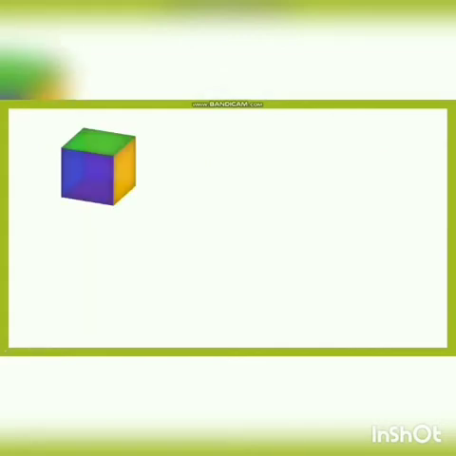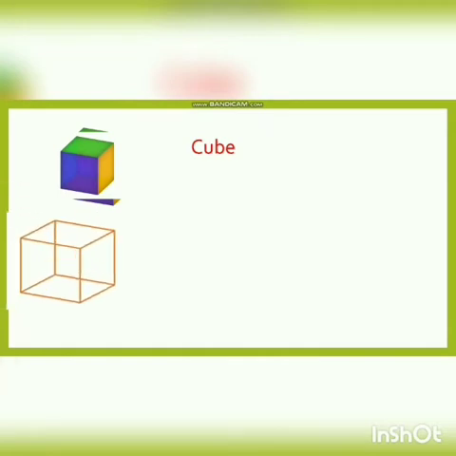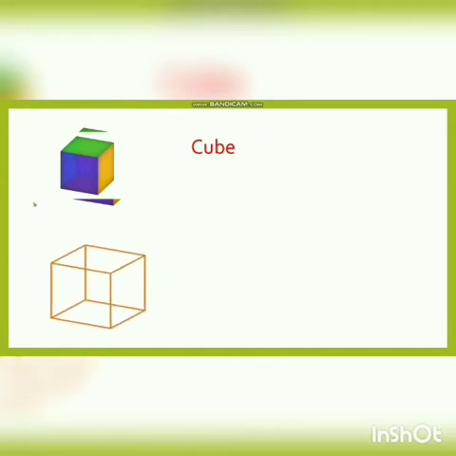Now see the figure which is cube. Cube also has 6 surfaces. Each surface is made up of a square, and all the squares are equal.